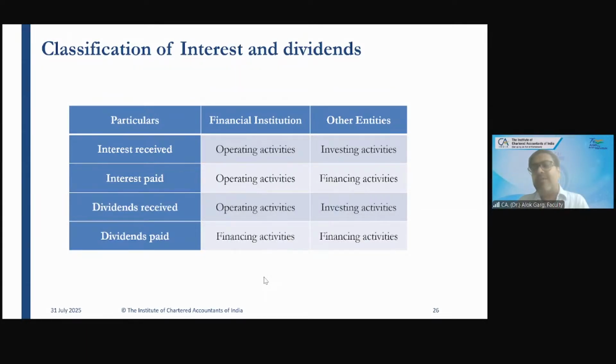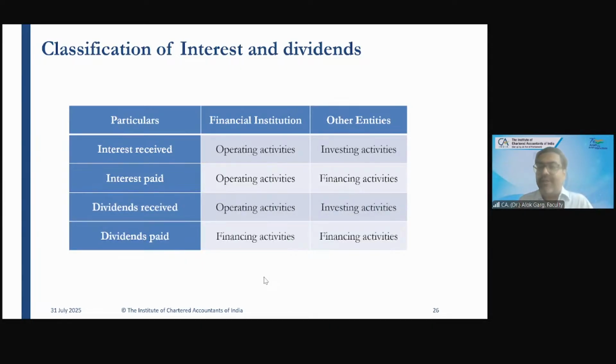That is why it becomes an operating activity for them, and this is how they get a dividend also. Which means investing is also one of the main activities of the bank. Yes, this is the primary activity as per their memorandum of association.